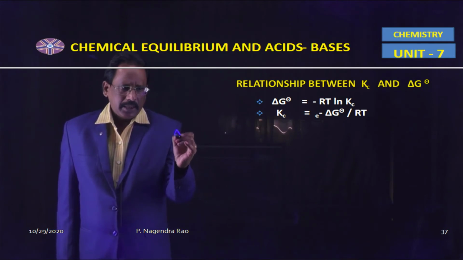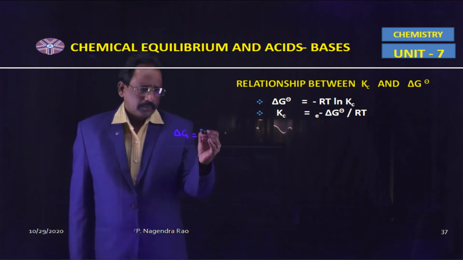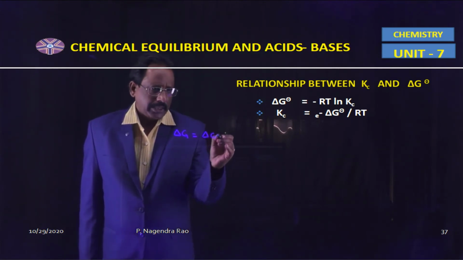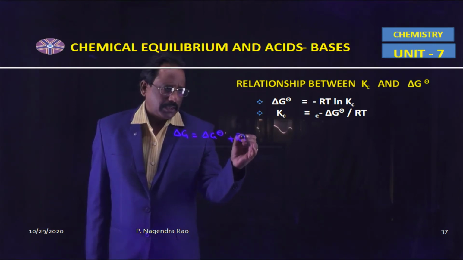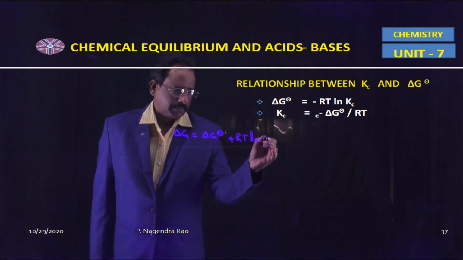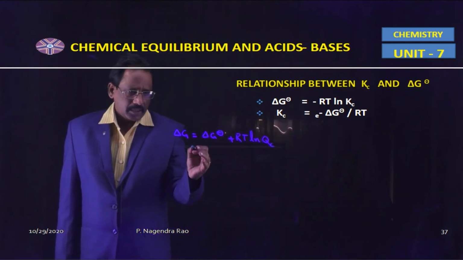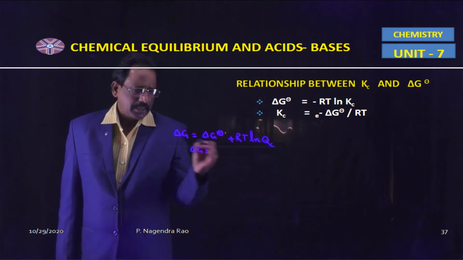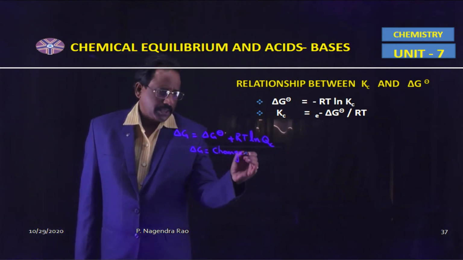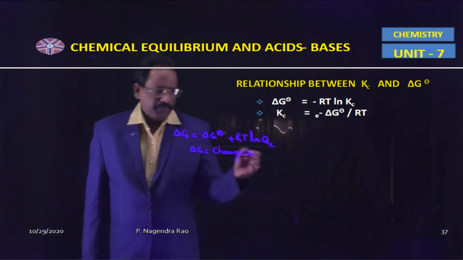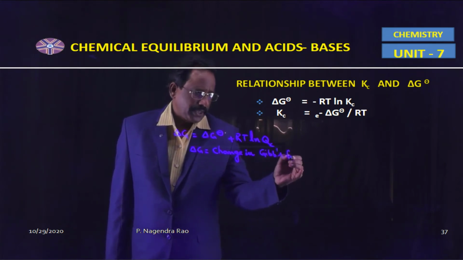the change in Gibbs free energy is equal to delta G at standard conditions plus RT ln Qc. Delta G indicates the change in Gibbs free energy.